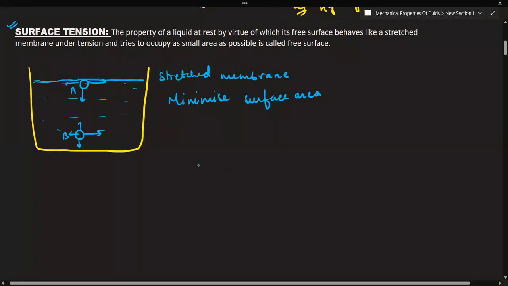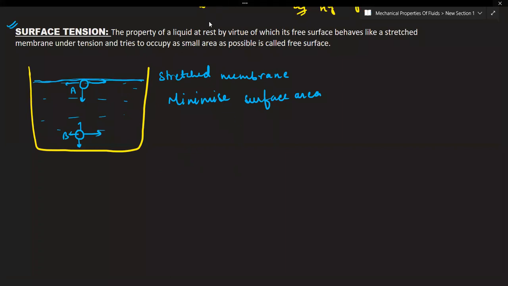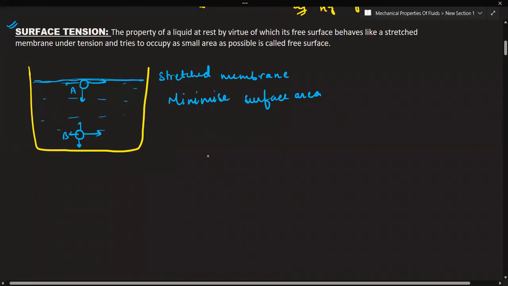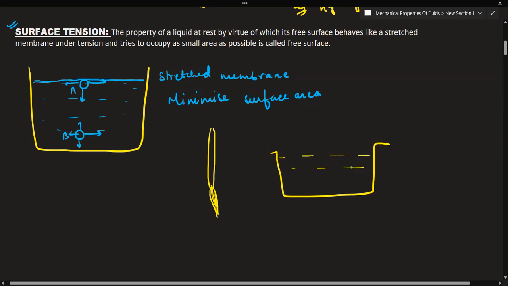You can see examples from your daily life. You've seen those paint brushes that we have. The edge of the paint brush is like this when it is kept in air. And when you insert it into water, all the bristles separate out like this.